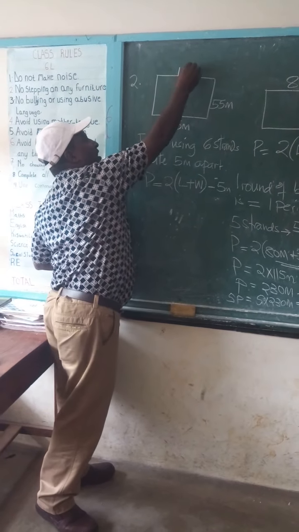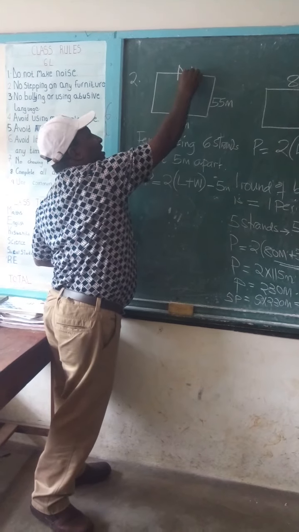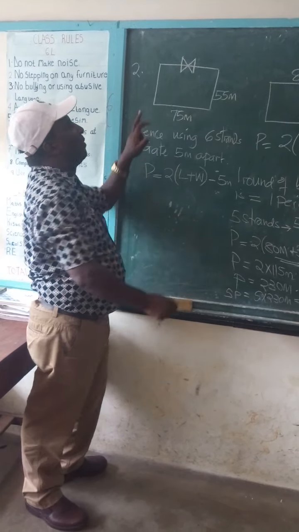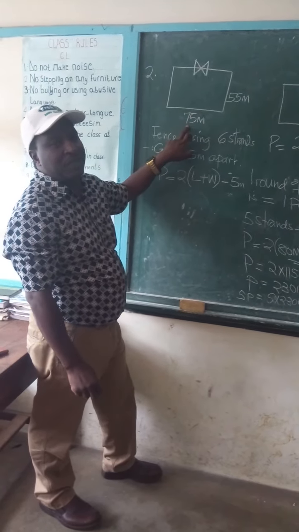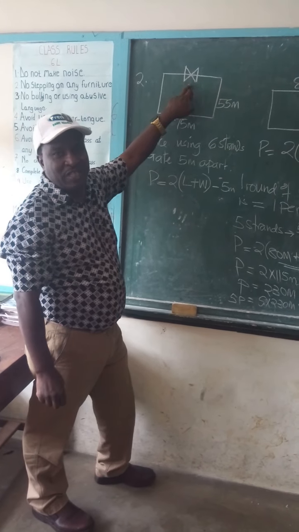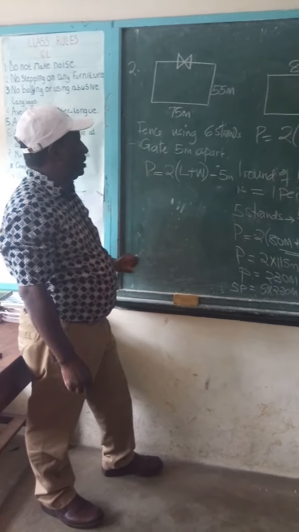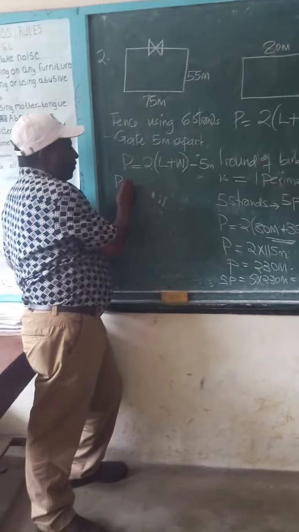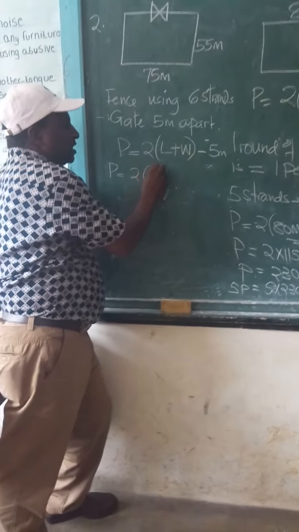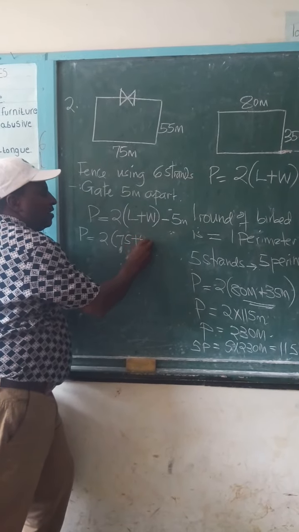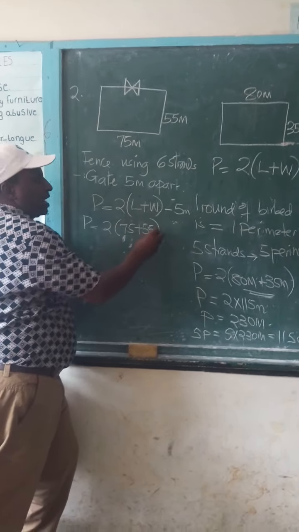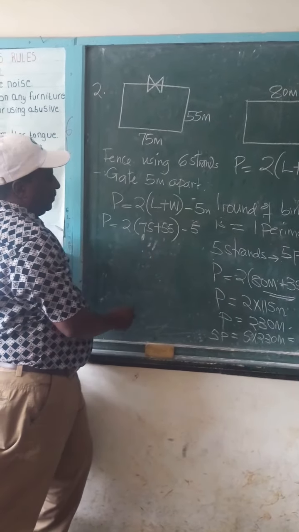If you look at the picture there, supposing that's where the gate is, then our length is not going to be 75, but it's going to be 70. So in this case, our perimeter therefore is 2 bracket 75 plus 55, close the bracket, take away 5.